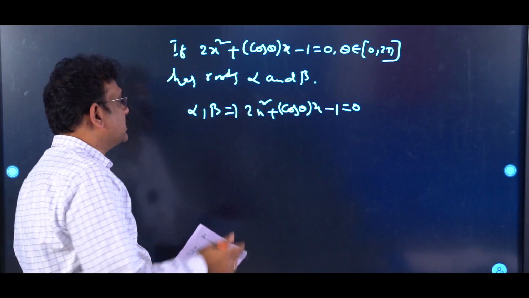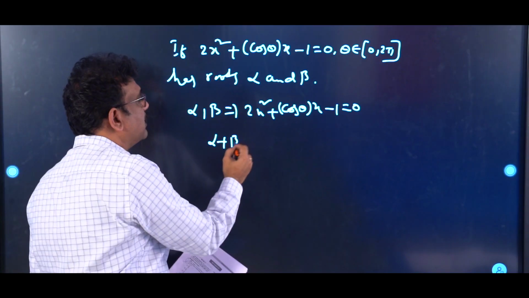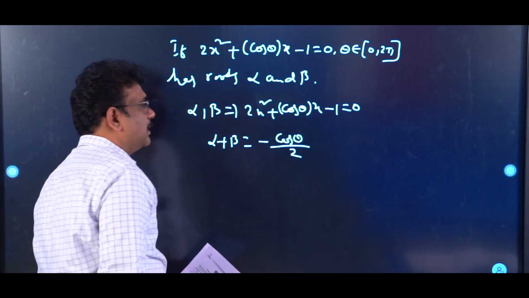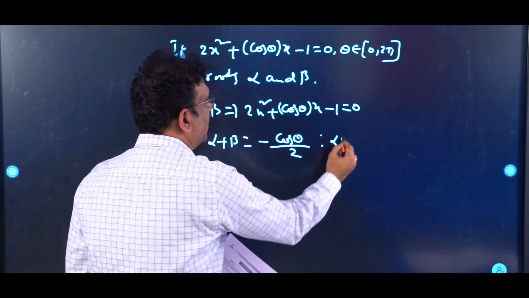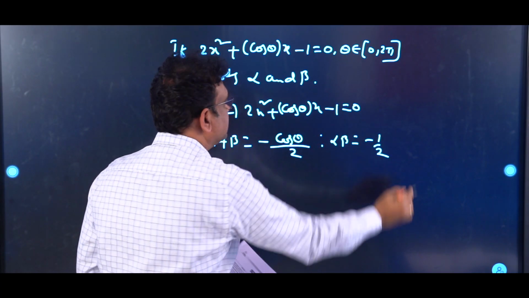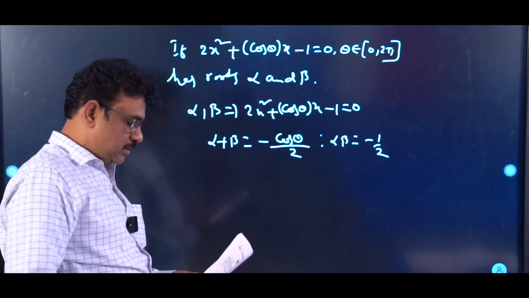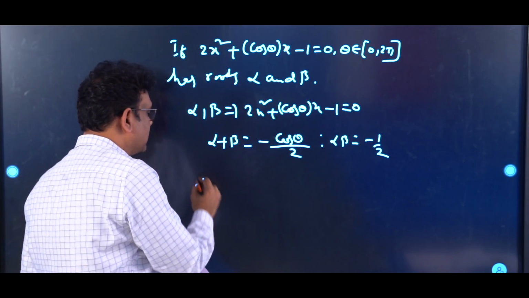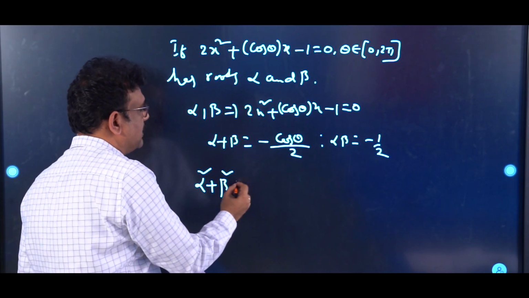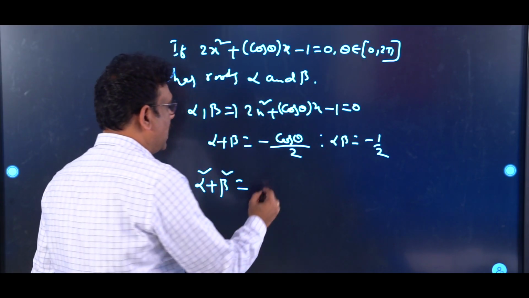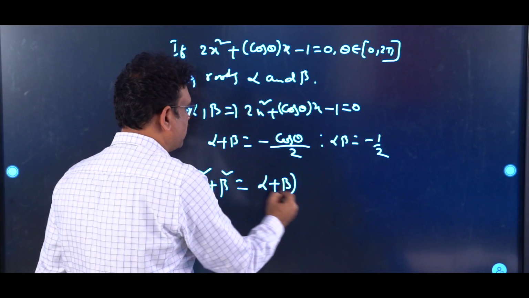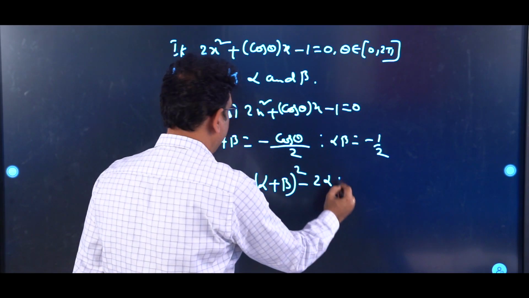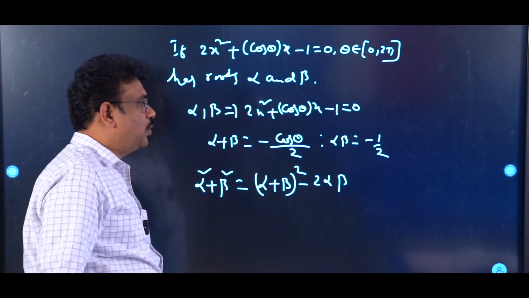So sum of the roots is alpha plus beta equal to minus b by a. Product of the roots is alpha beta equal to c by a. So in this, alpha square plus beta square equal to alpha plus beta whole square minus 2 alpha beta.